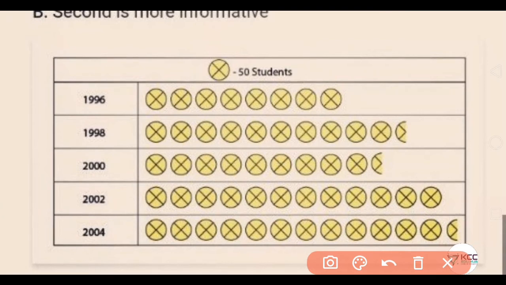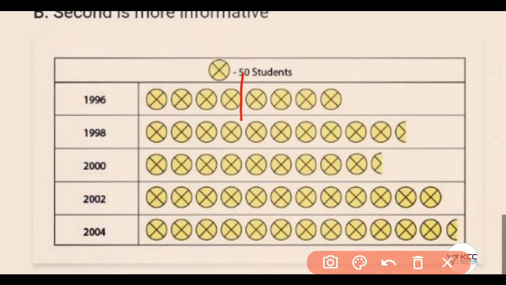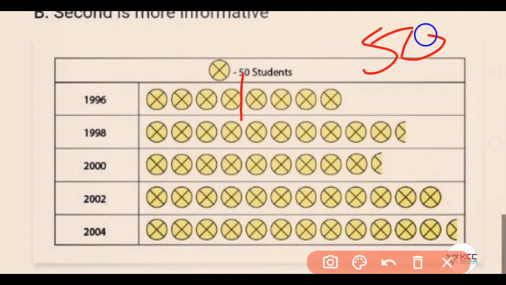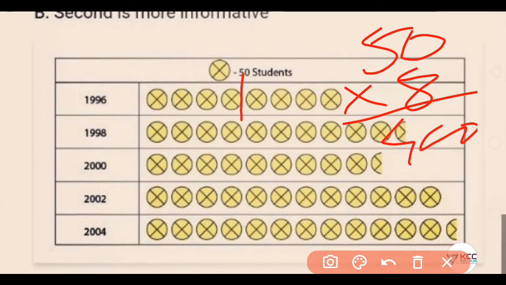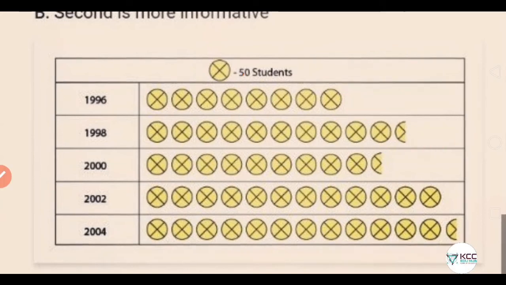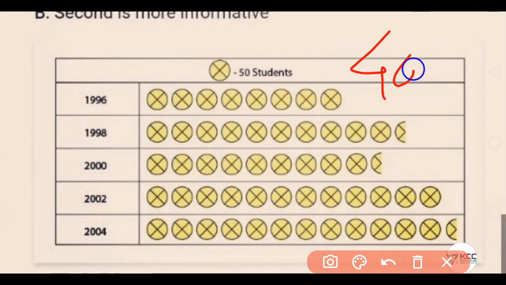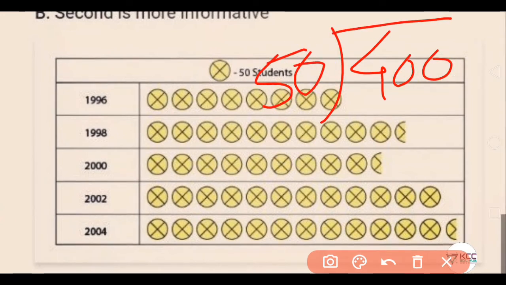400 students. For 400 students, we have to draw 8 symbols, because one symbol equals 50 students. So 50 into 8 is 400. Or we divide 400 by 50. The zeros cancel, so 5 8s are 40.